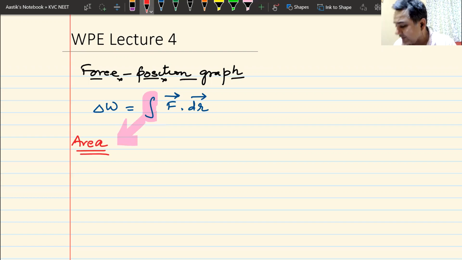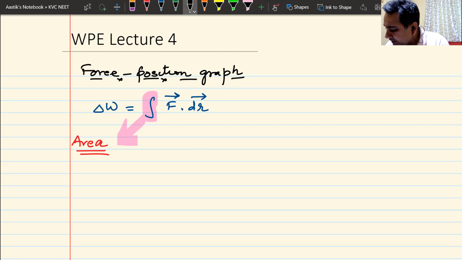Do we recollect this in the class? Integration is nothing but area, right? So instead of force being given in vector form or some other form, there is a high probability that you will be given a force position graph or a force displacement graph, and from that graph you are supposed to find out the work done. How do you do it? It's not rocket science. You just calculate the area and you are done.